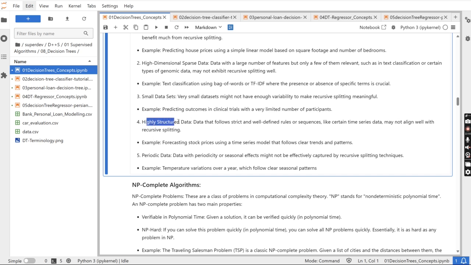Next is highly structured data. Highly structured data is where data follows strict and well-defined rules. For example, I was working on one of these use cases very long back, called fraud detection in the procure to pay cycle. Procure to pay cycle means if a certain company, let's say a beer manufacturing company, wants to purchase raw materials from various vendors.